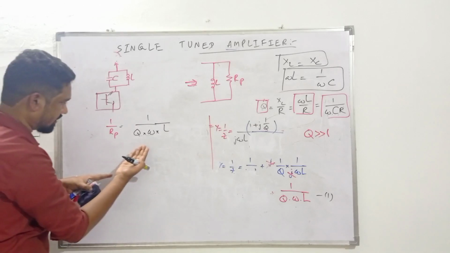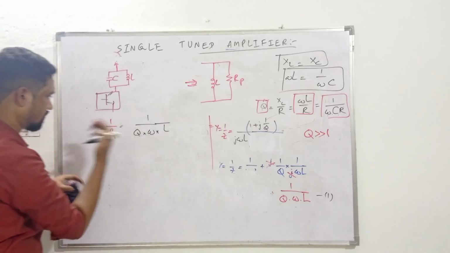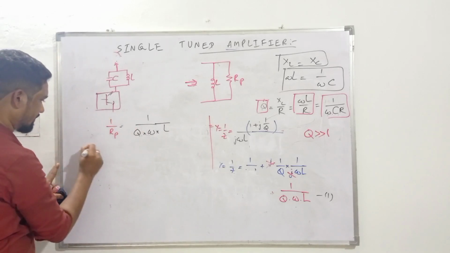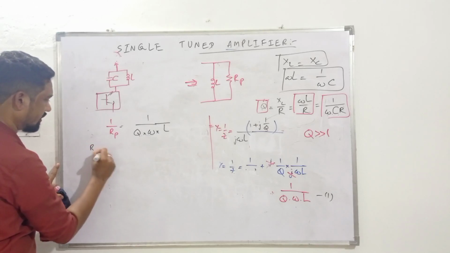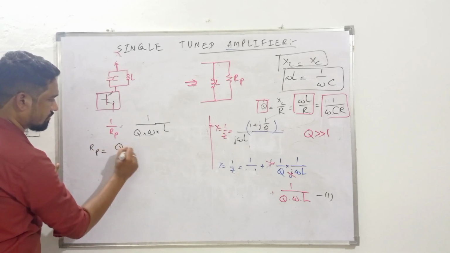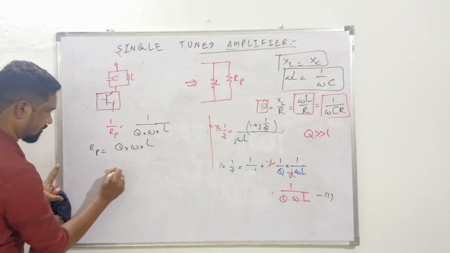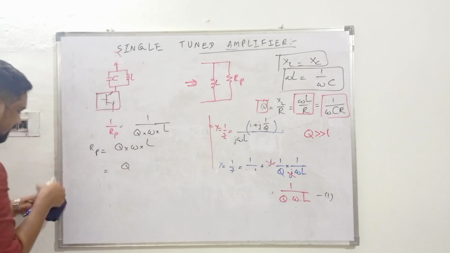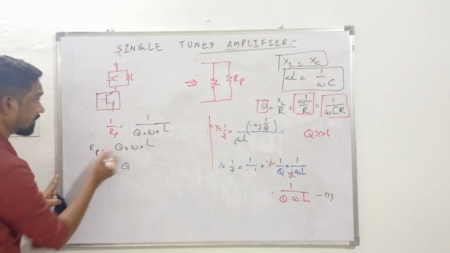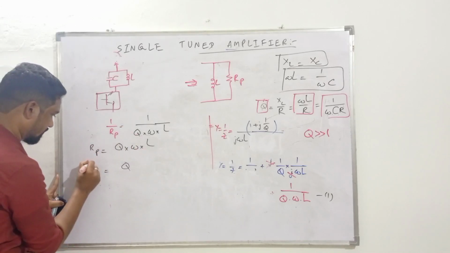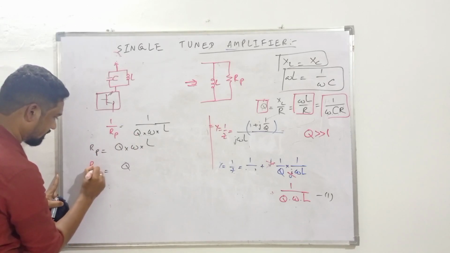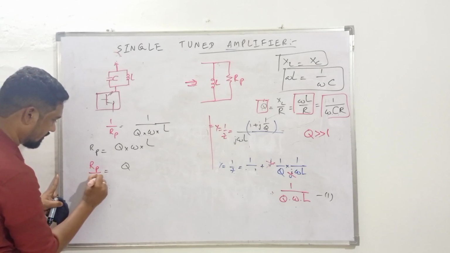So from here we have another form of Q from these equations. Now Rp will be equal to Q into omega into L, right? And so Q will be, from this expression, Q in parallel, and we have another form of Q, Rp by omega L.